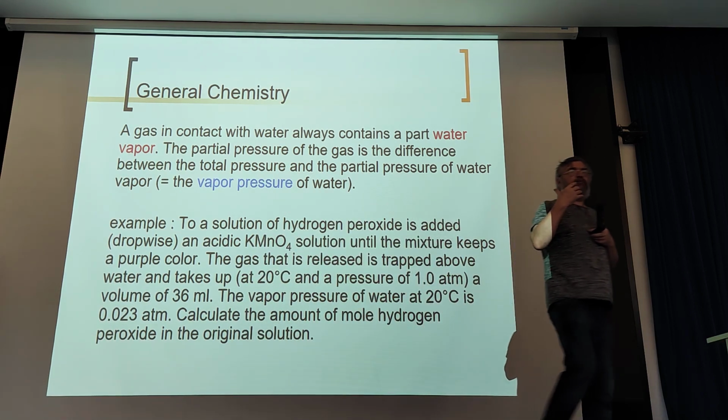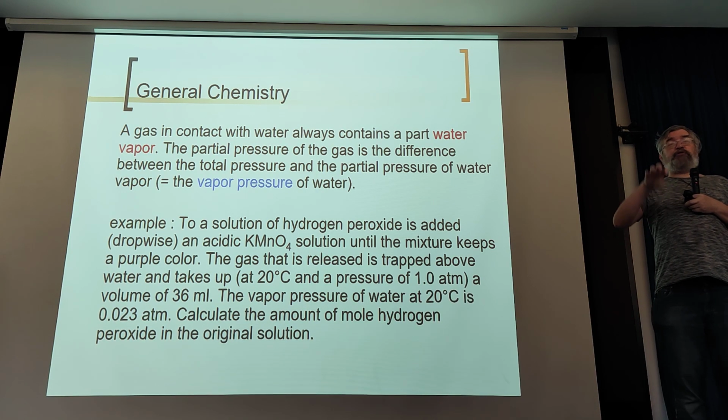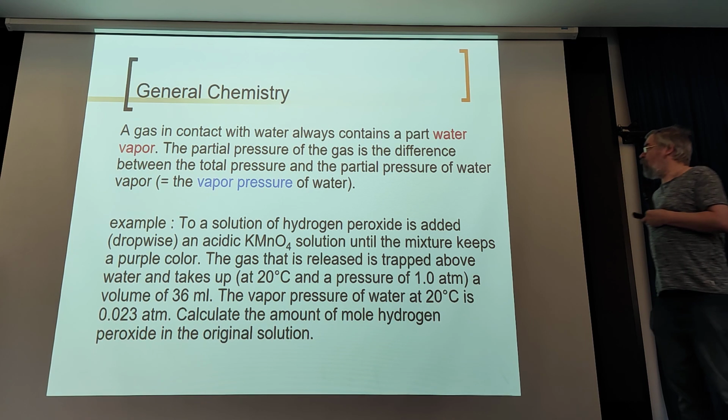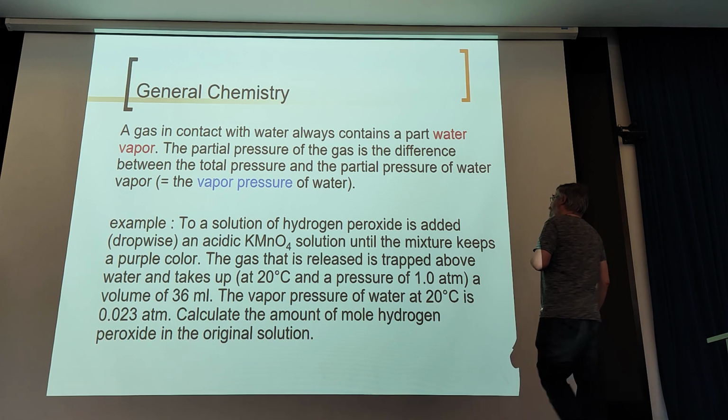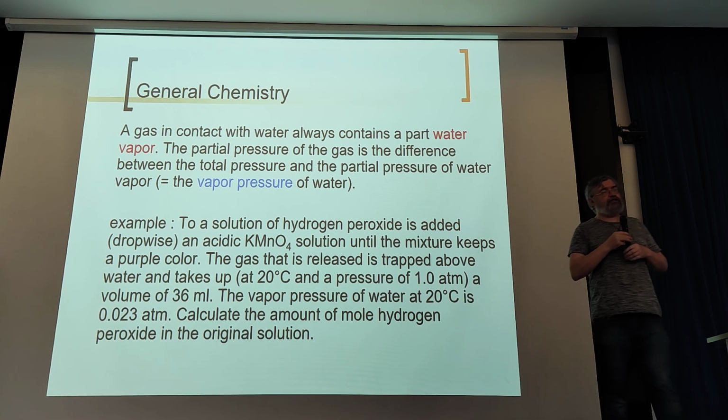If the air is saturated with water, like I assume it is here, about 2% of the gas that we are breathing is not oxygen or nitrogen, but water. So we have to take that into account in our calculation. And this is an example where that is the case.